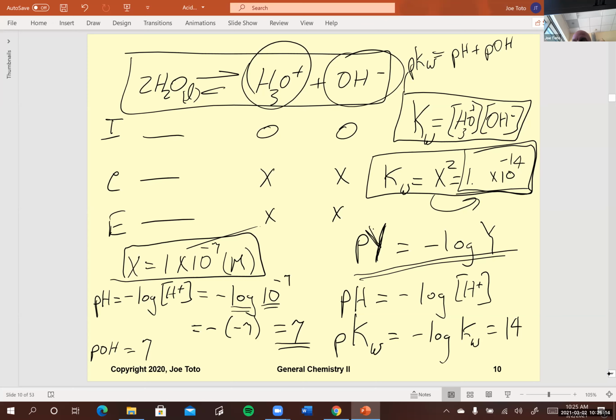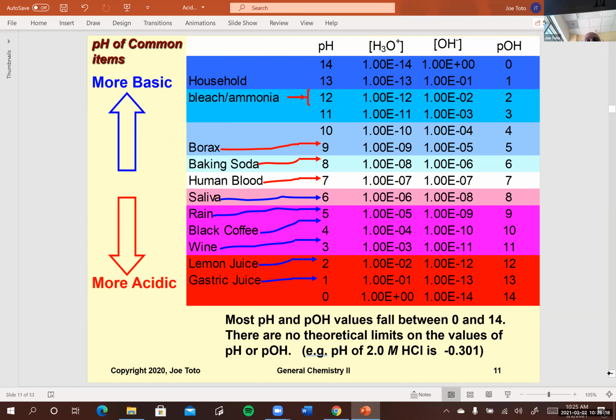So we have all these analogies and mathematical equations that we're introducing and that you guys will have to work with. In this slide, we mentioned that the common pH range is 0 to 14, but there's no rules on possible pHs.